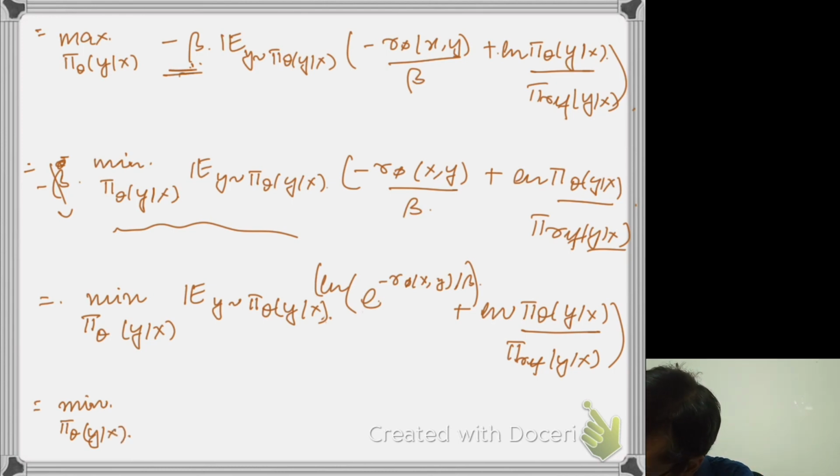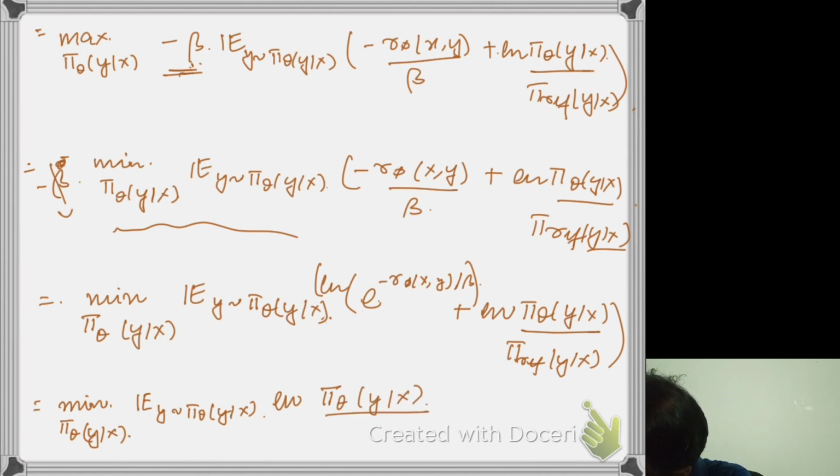So overall what I have is minimization over pi theta y given x, the expectation of y coming from pi theta y given x, and then I have log of pi theta y given x over exponential of r phi xy over beta times pi ref y given x.